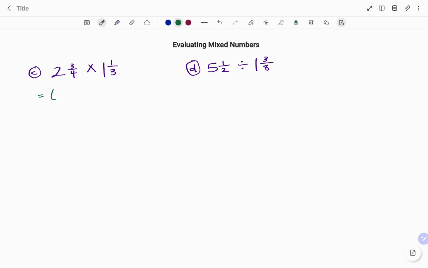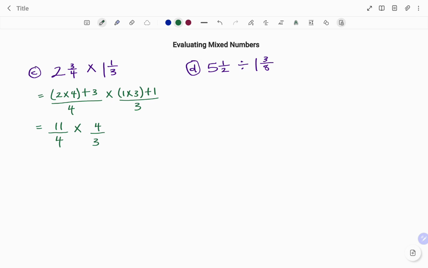So I have the whole number times my denominator, that's 4, plus my numerator, 3, divided by 4, times, I have 1 times 3 going counterclockwise, plus 1 over my denominator, 3. What I have is 2 times 4, 8, 8 plus 3. I have that as 11 over 4 times 1 times 3, that's 3, 3 plus 1, 4 over 3.